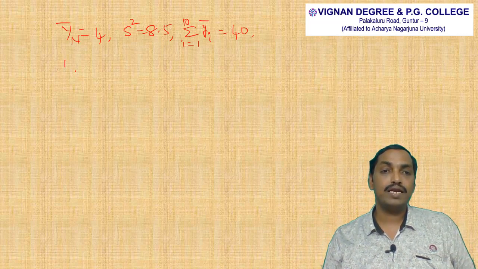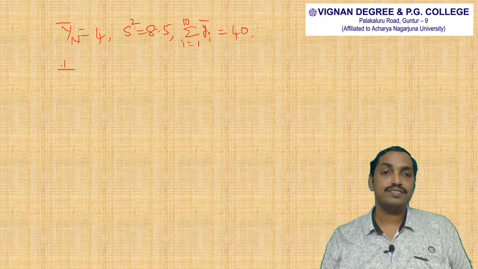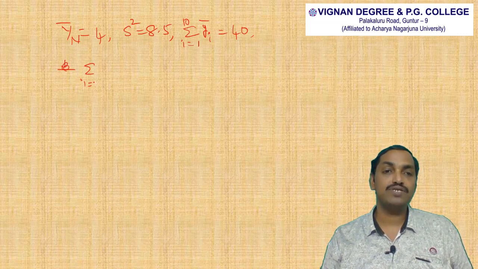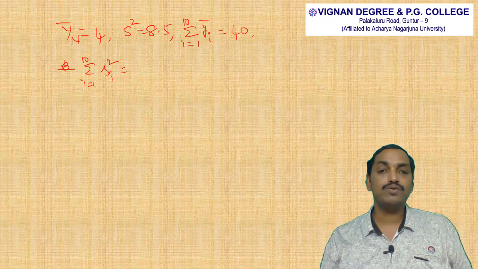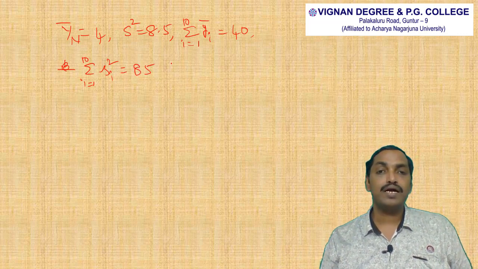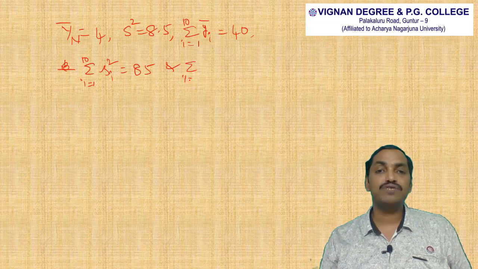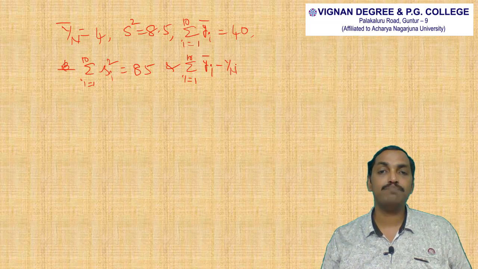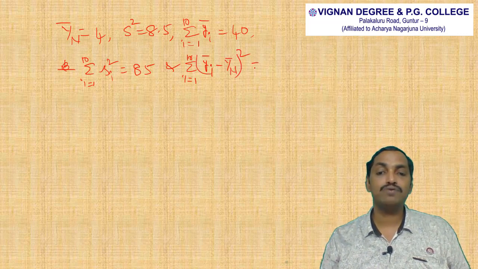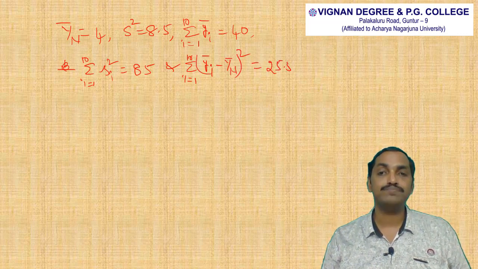One by n summation i equal to 1 to 10 Si square value is equal to 85 and summation i equal to 1 to 10 yi bar minus capital Yn bar whole square is equal to 25.5.